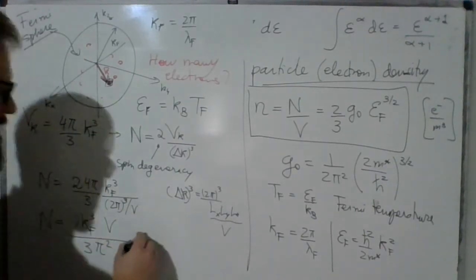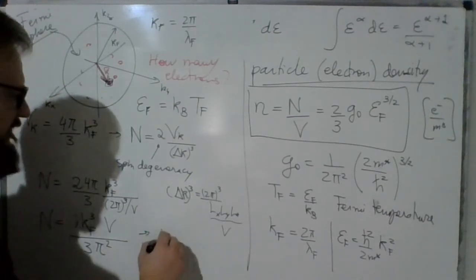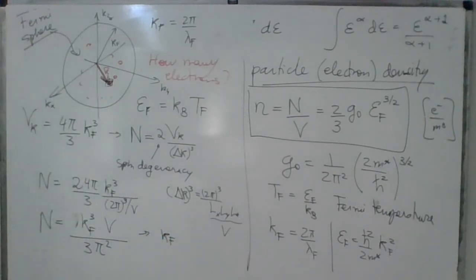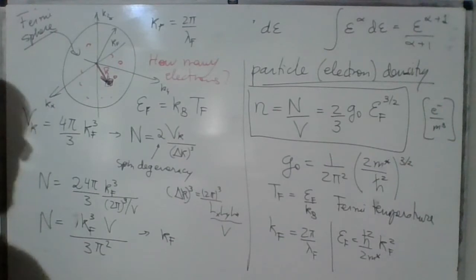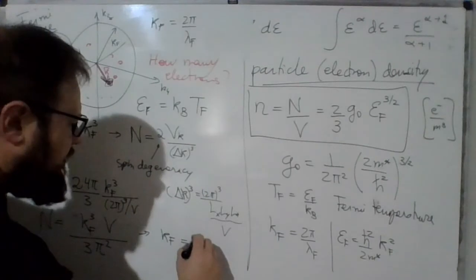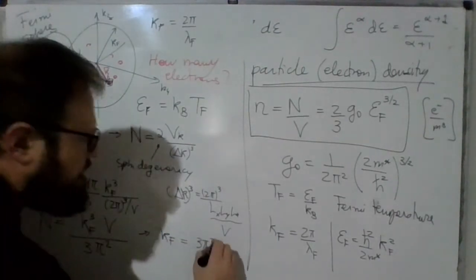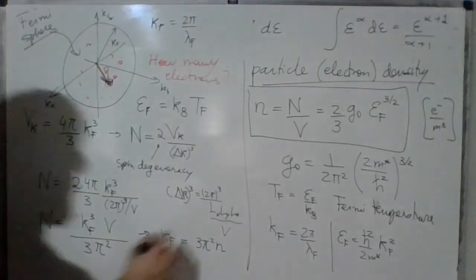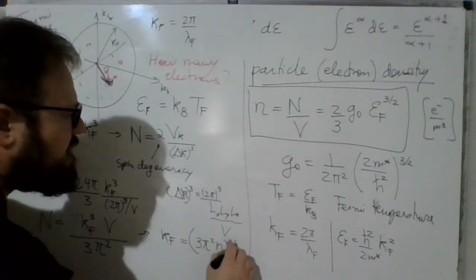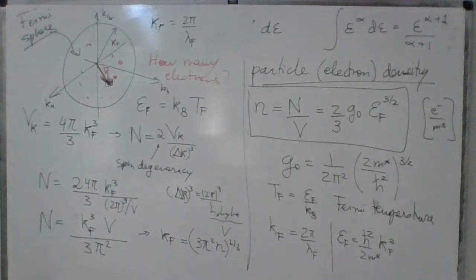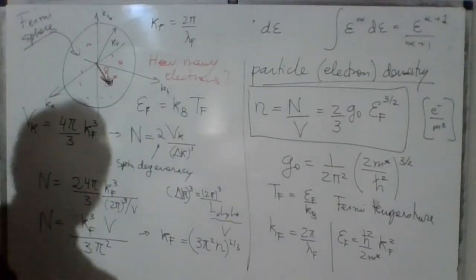And therefore, if you divide everything by the volume, we find that the Fermi wave number is related to the density of the gas by 3 pi squared times the density of particles in the gas to the 1/3. Or, of course, you can relate the other way.